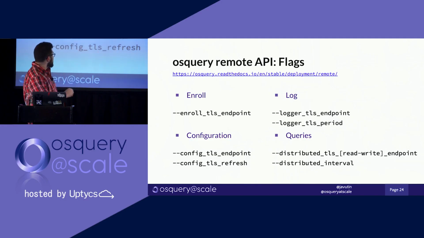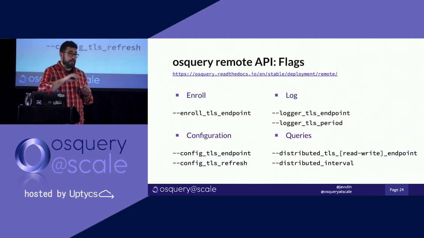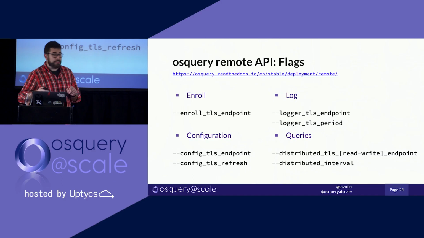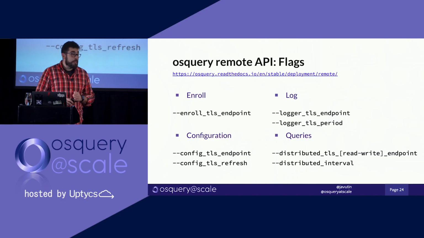Same thing for configuration: the endpoint is the path, and the TLS refresh is how often osquery will make a request to the configuration endpoint in your TLS server. And same thing for the distributed TLS, either read or write endpoint, the two that I showed you, and the same for the distributed interval.